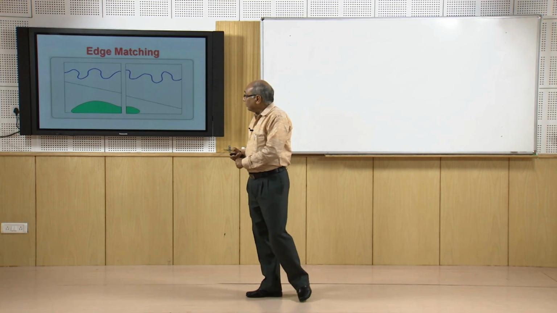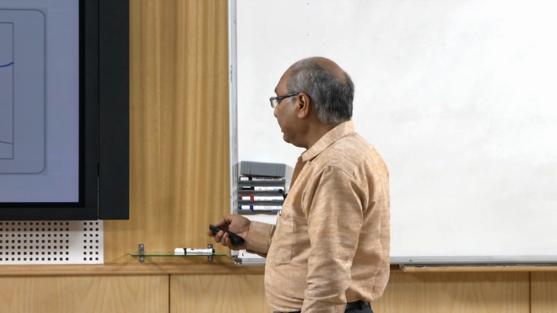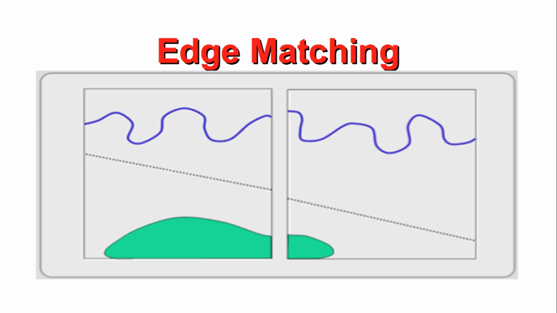The last topic in this pre-processing lecture, as there are other steps which we will discuss in separate lectures, is edge matching. I mentioned earlier that when you have two adjacent maps, they might have the same projection or a different projection. Sometimes the boundary will not match, so the line may not match from one map to another.